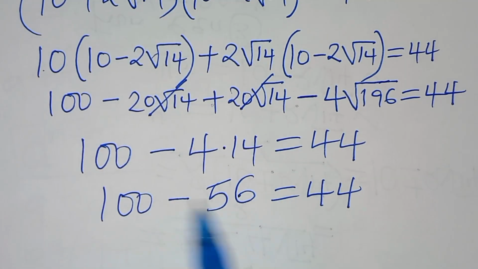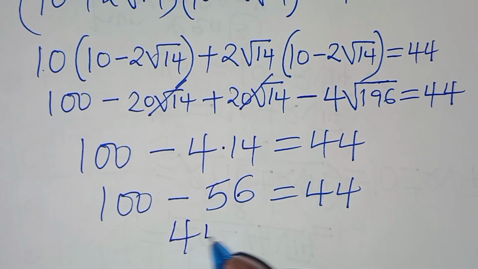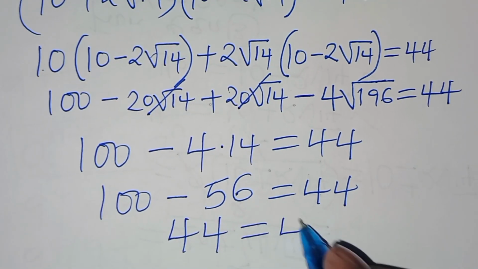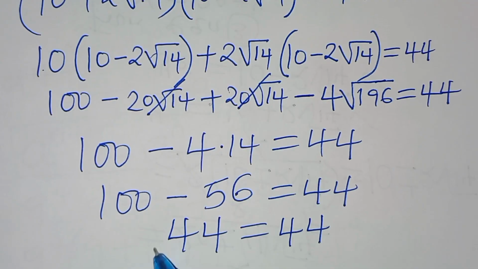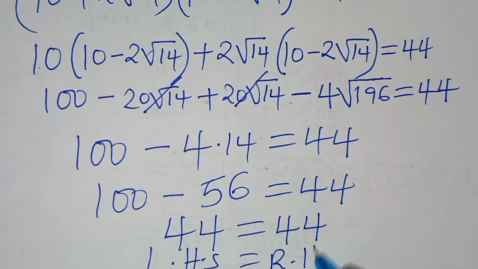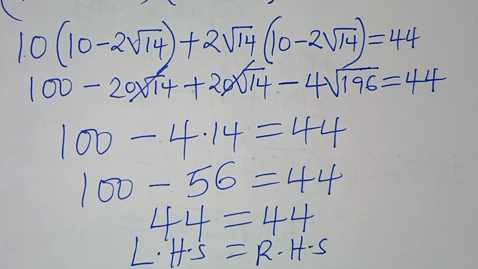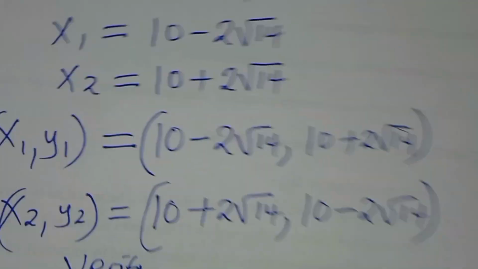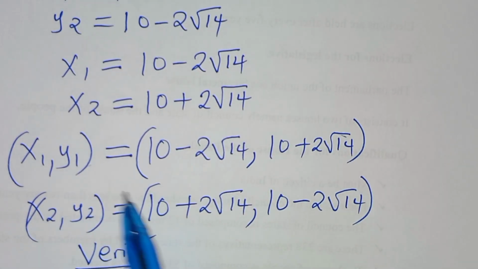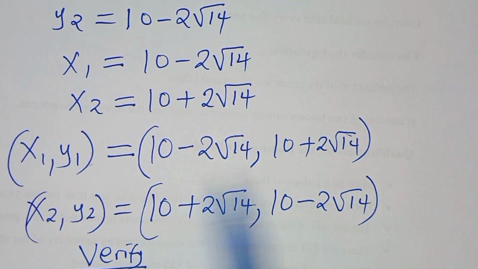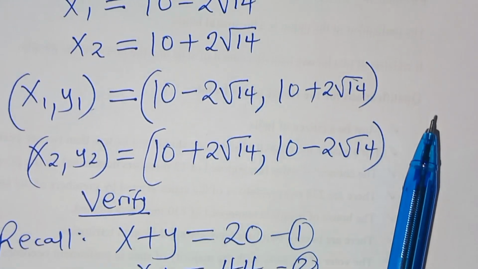So this is 100 minus 56, and this is 44, which is equal to 44. So the left hand side is equal to the right hand side, and that affirms that x1, y1, and x2, y2 satisfy the equation.